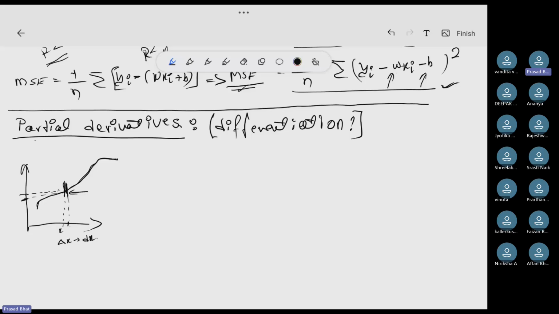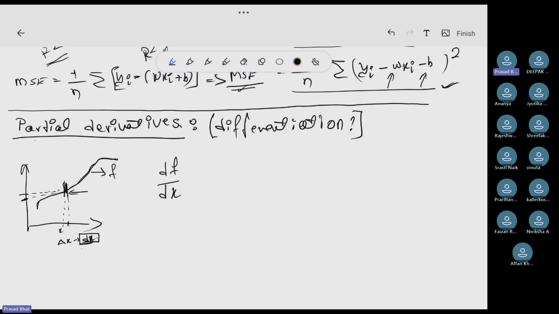And it is represented as, if I represent this line as f, then df divided by dx. With a very small step, we call it infinitesimally small. Small means the step is very close to zero. That small it is.